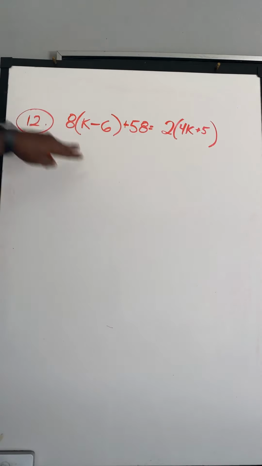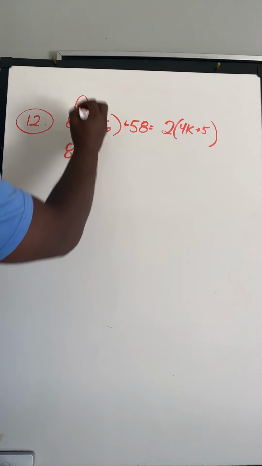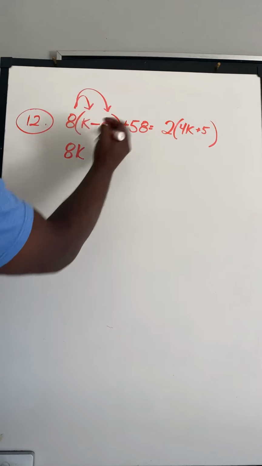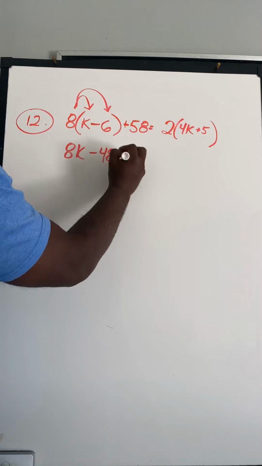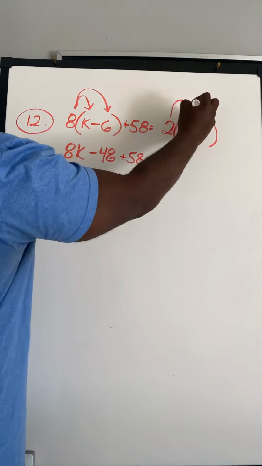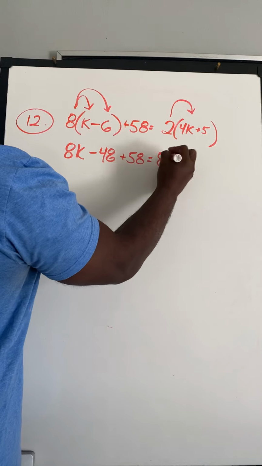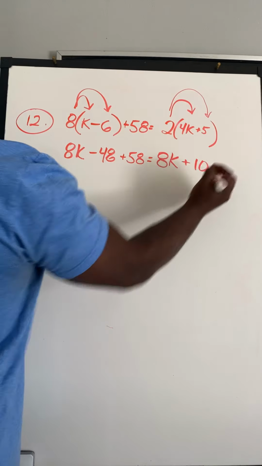All right, I see parentheses, that means I have to distribute. Well, 8 times k, that's 8k. 8 times negative 6 is negative 48. Bring down that positive 58, and that equals 2 times 4k is 8k. 2 times 5 is a positive 10.